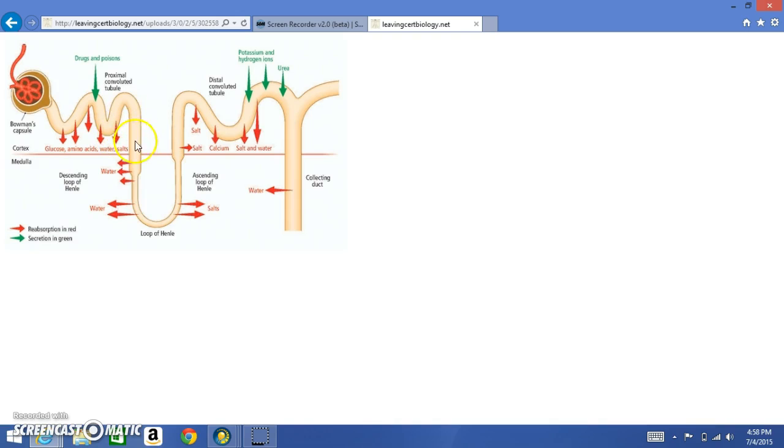It has the radiator loops, and then it has the loop of Henle. You have the descending and ascending loop of Henle, and then you have your distal convoluted tubule. This is where thiazide drugs work, and loop diuretics work down here. Okay?